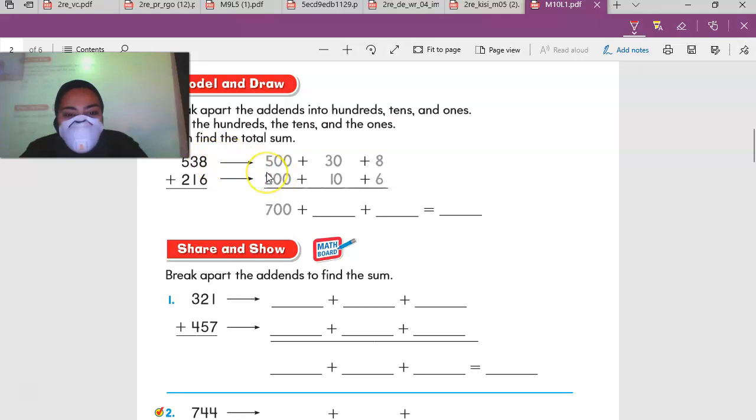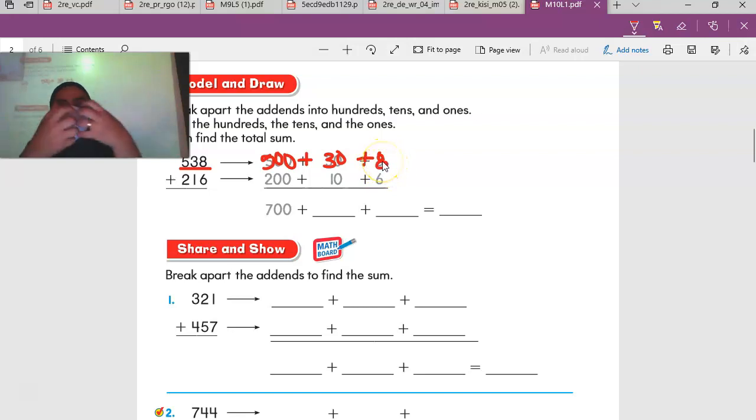So this is a step-by-step, but I promise the steps are easy. The first step is to break apart the number, to write it in expanded form. So 538 written in expanded form is 500 plus 30 plus 8. Guys, expanded form means to stretch it out. Whenever you see something say expanded form, you're going to see that a lot in this unit.